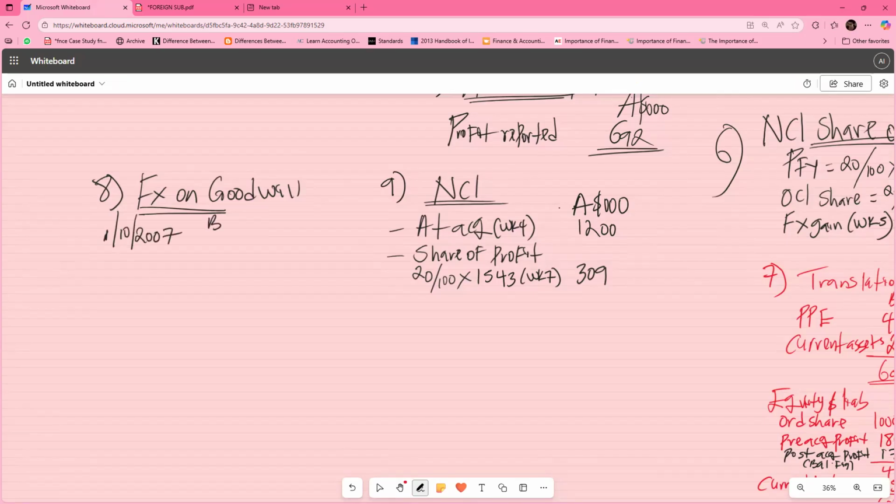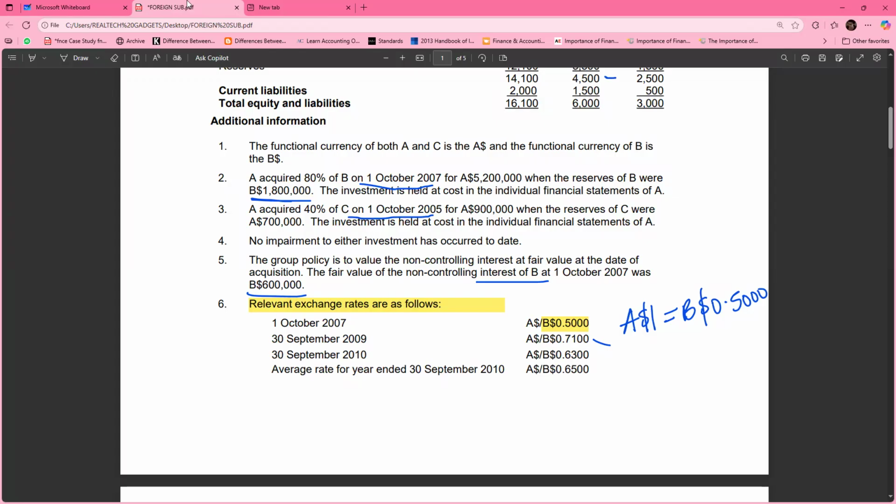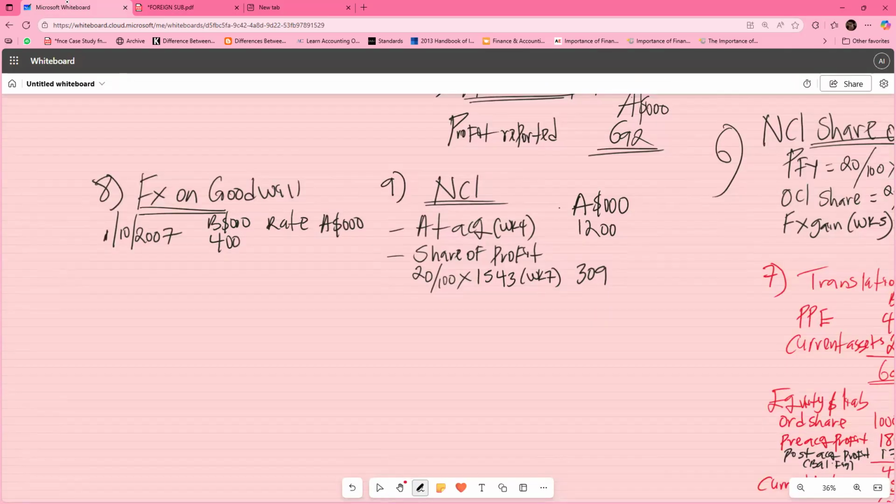This is B, this is the rate, and this is in dollars. It is still 400. The acquisition rate is 0.5, and this is 800.